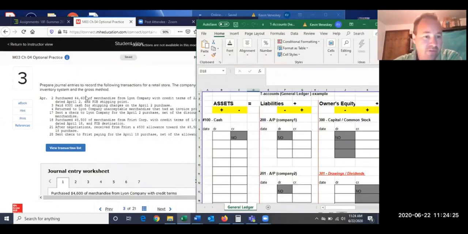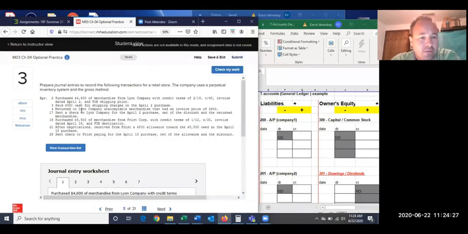Let's start in here with, on April 2nd, purchased $4,600 of inventory or merchandise from the Lion Company with credit terms. That means that we bought it on account. They're not going to give us credit terms if we paid cash. They're just going to go ahead and give us the discount if one would apply.